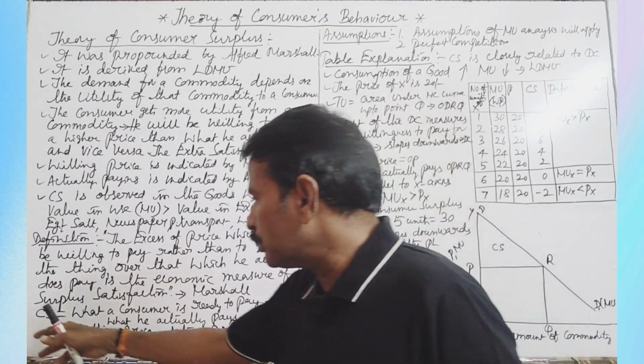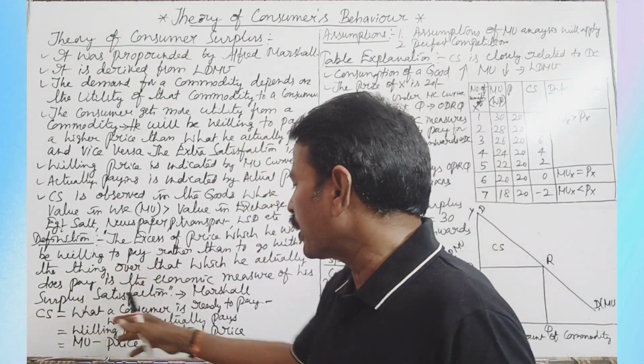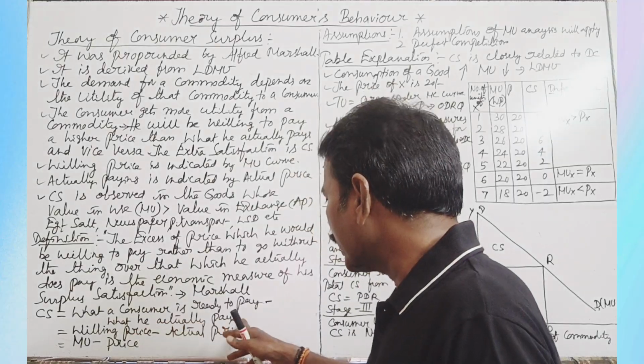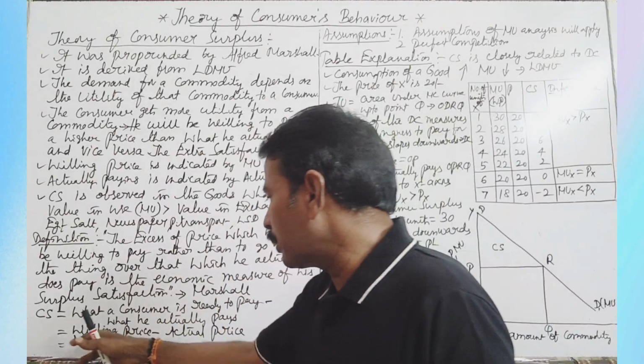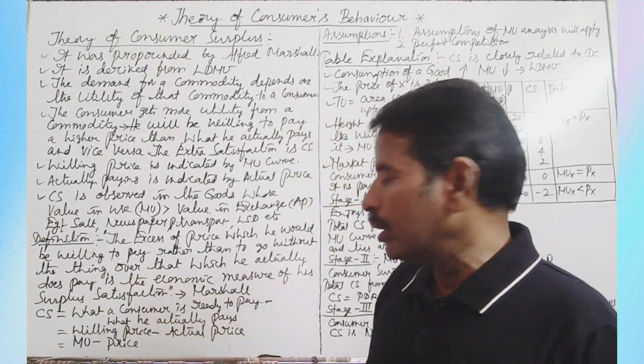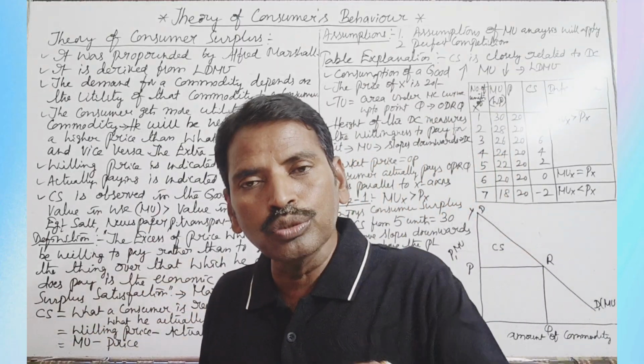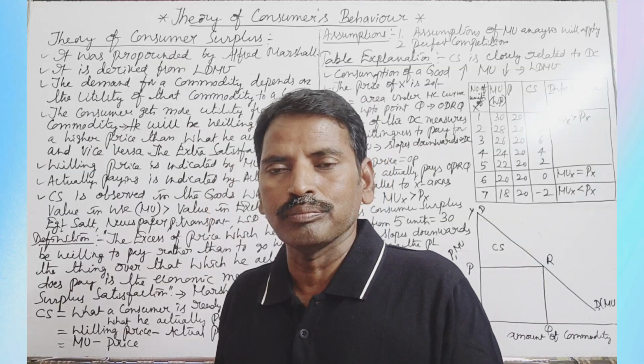Therefore, consumer surplus is equal to willing price minus actual price, marginal utility minus price, value in use minus value in exchange.